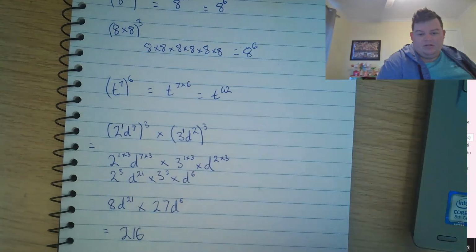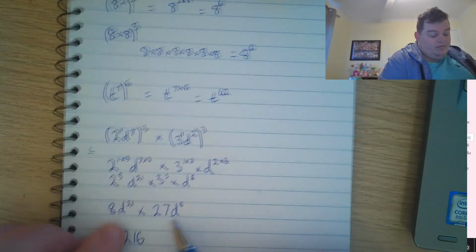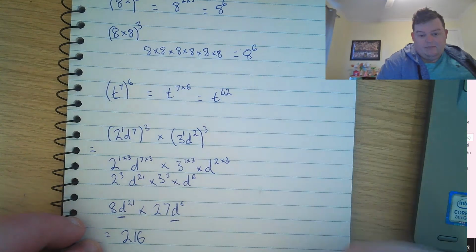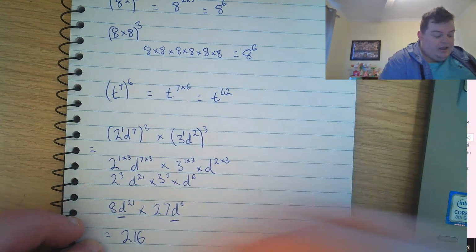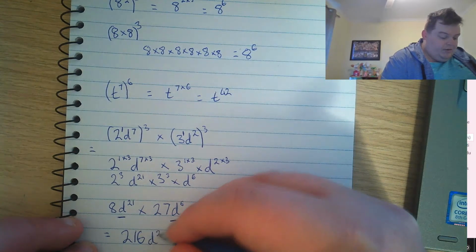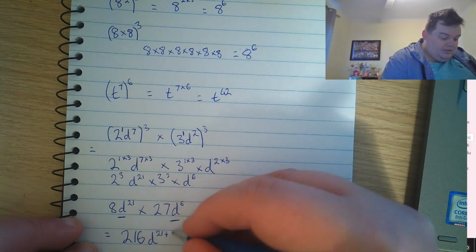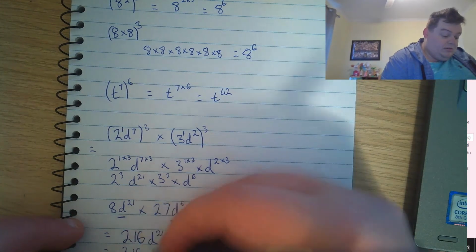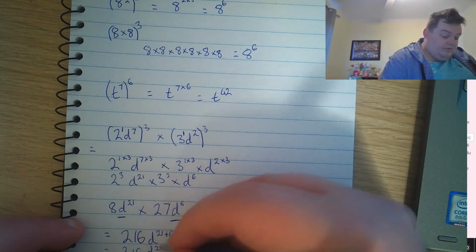So 216, and then remember, going back to index law 1, if our bases are the same, we just add those two powers together. So d to the power of 21 plus 6, which gives me 216 d to the power of 27.